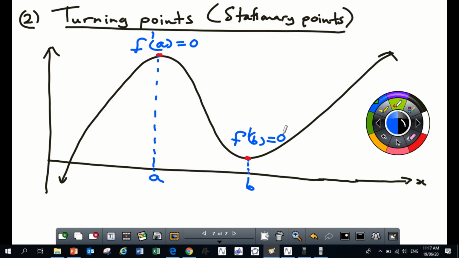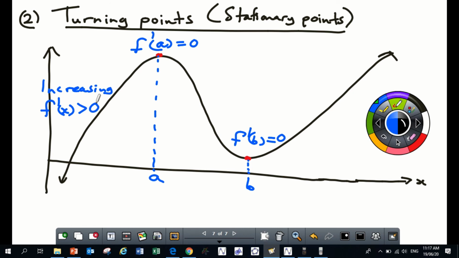Please don't get confused. a and b are x values. Then, to the left of the maximum turning point, the function is increasing, which means f prime of x will be greater than 0.